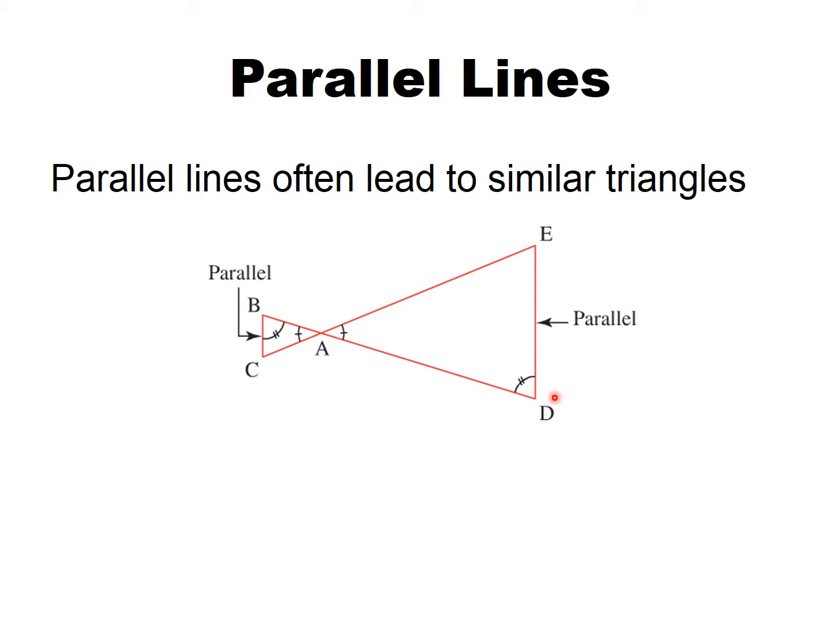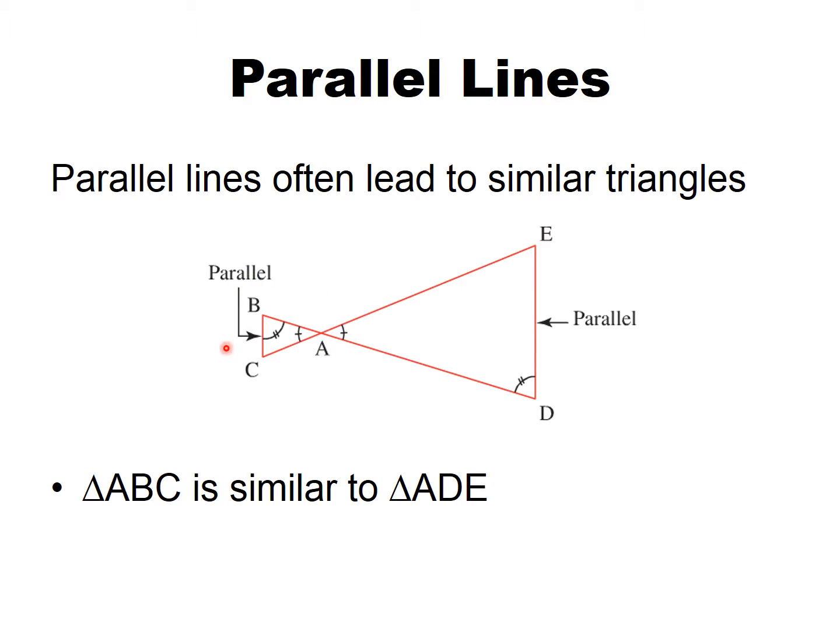So we've got this big triangle and this small triangle. They share two angles, and so by our angle, angle, angle criteria, we can say that this small triangle ABC is similar to this large triangle ADE. So we started with two parallel lines, formed a couple of triangles with them, and those two triangles are similar.